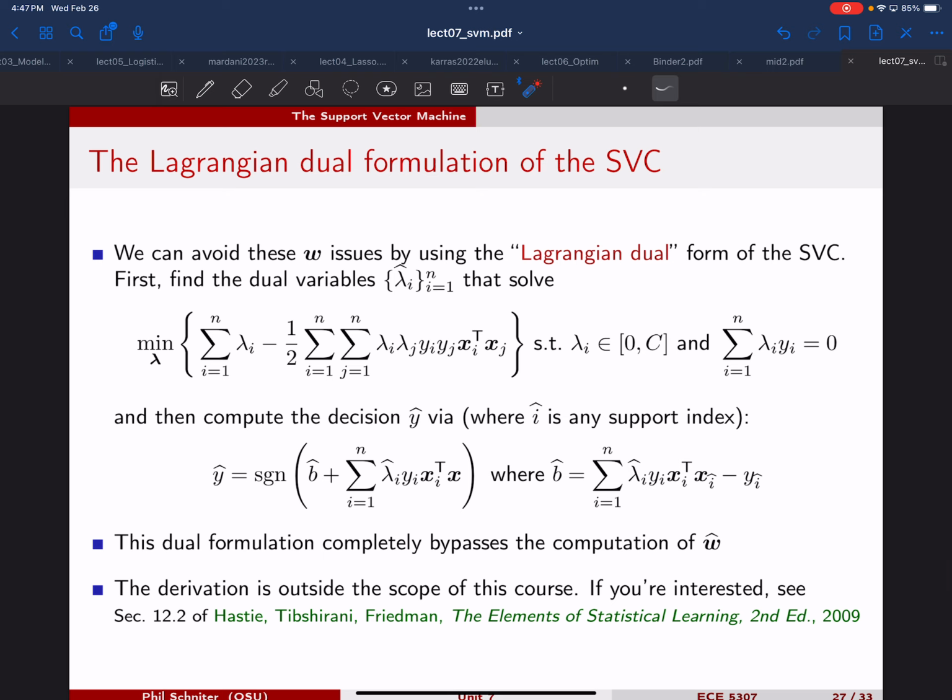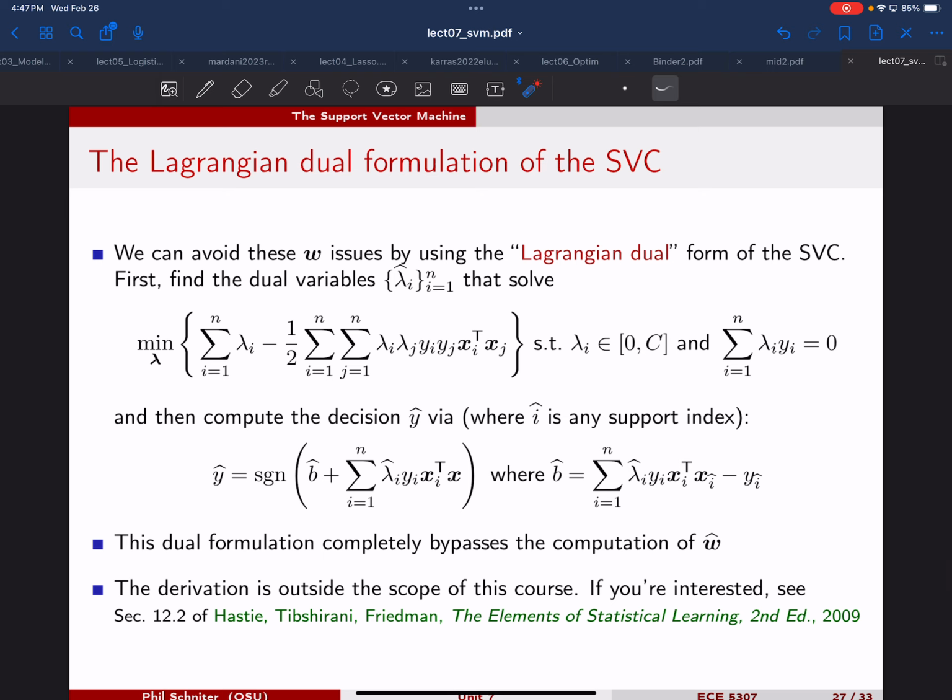It turns out that there is a completely different way to train the same classifier, but it uses a completely different set of parameters. Instead of W and B, which are D plus 1 dimensional, it actually uses these new parameters, lambda, and there's n of them. Remember, n is the number of training points, training samples.